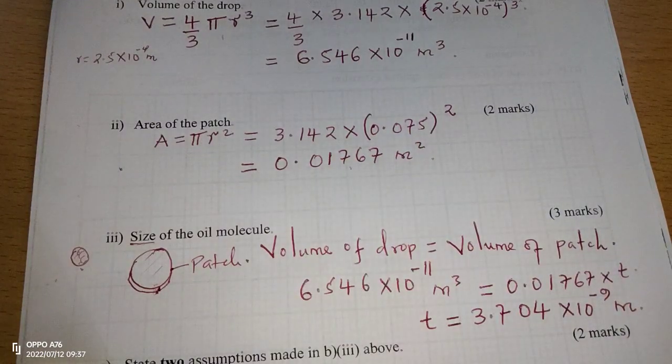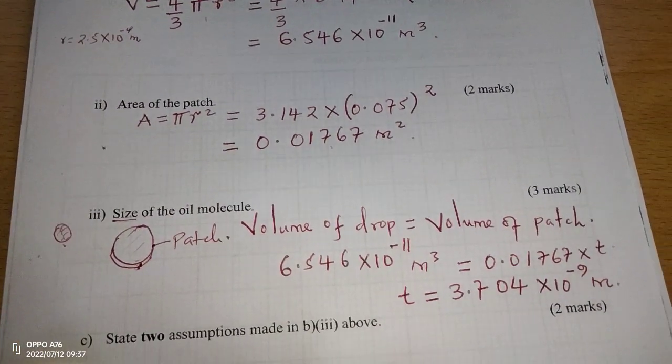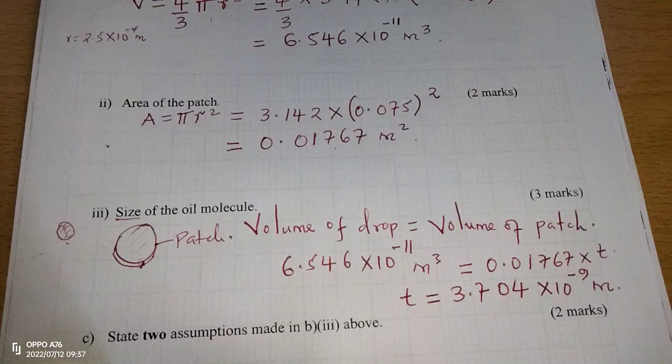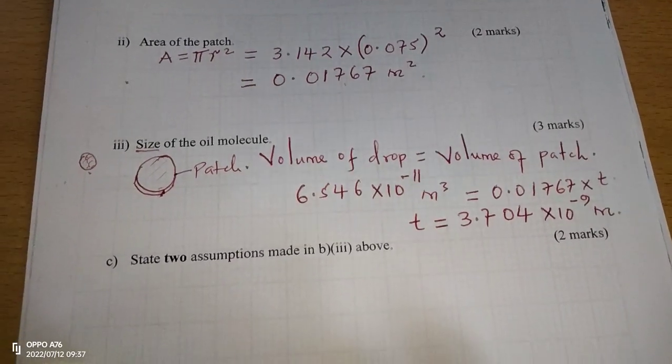So the thickness of the molecule, or the diameter or the size of the molecule, is given as 3.7 times 10 to the power of negative 9 meters.